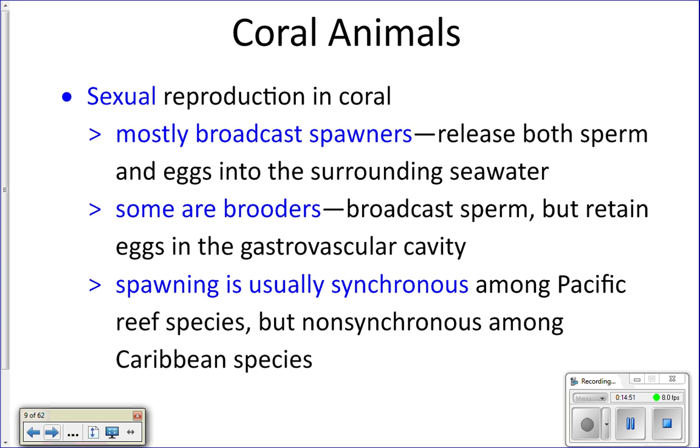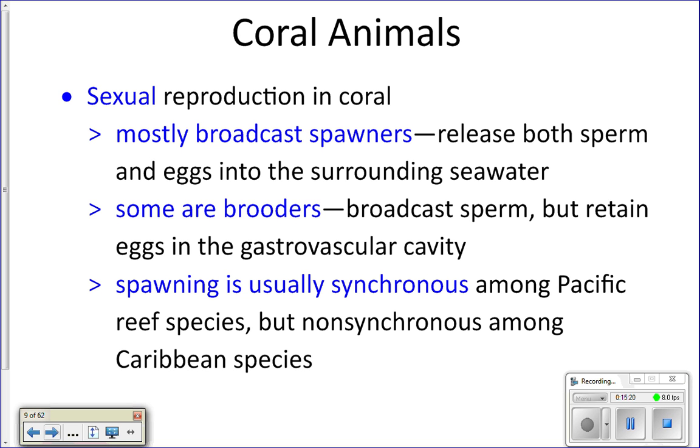Once after winter it reaches a certain water temperature, and I believe it's a neap tide, at a quarter moon, they all release their gametes into the water at the same time. There are so many gametes that it actually makes the water cloudy, because there are so many corals on the reef all reproducing at once. It's called synchronous spawning.